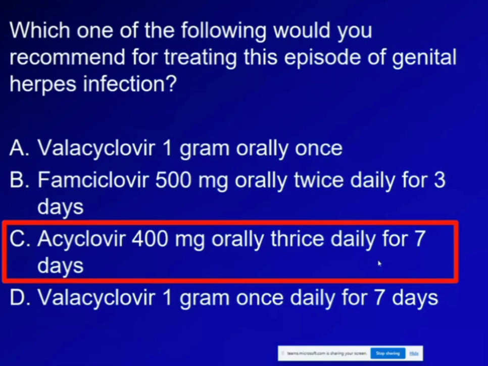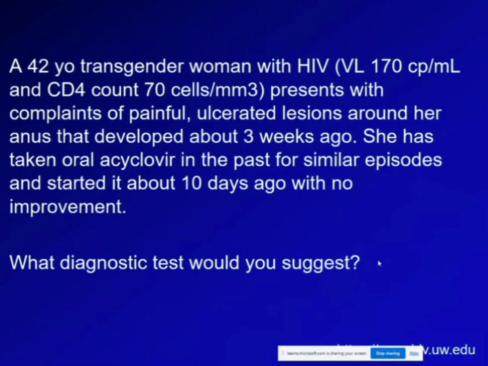For a recurrent episode of HSV, it's usually a 5 to 10 day course. For a first episode, usually 7 to 10 days. And as you compare varicella zoster virus to HSV, you can get away with lower doses of acyclovir for treating HSV than VZV.